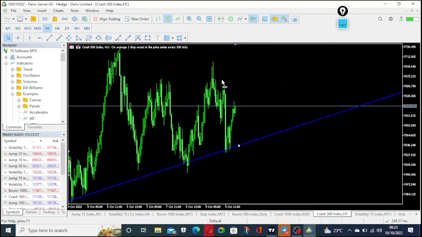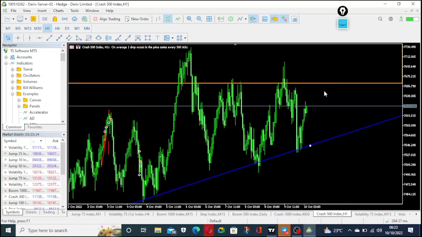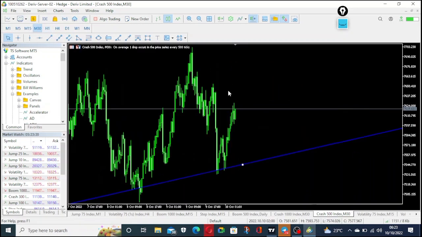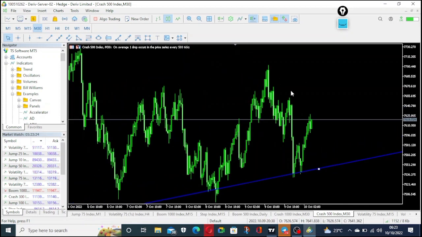Okay, meanwhile, for those of us scalping, I think the recent happenings will still be of more importance to us, because we are scalpers and we want to take advantage of what's happening now.